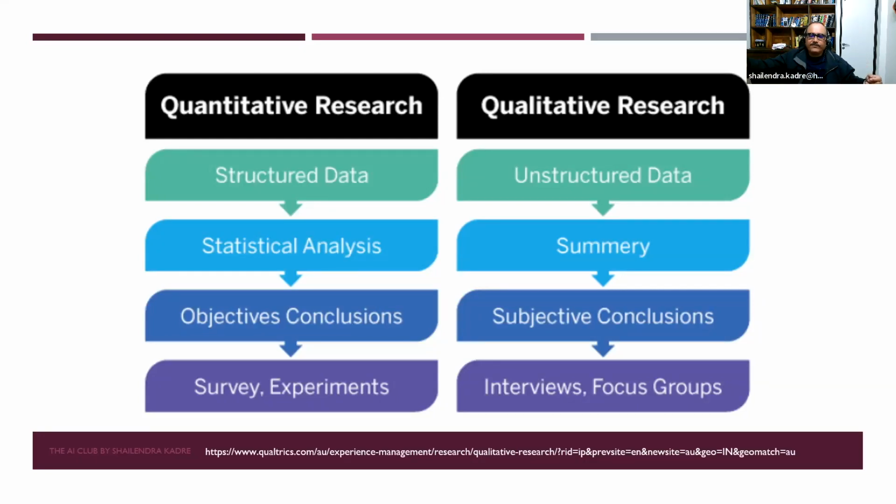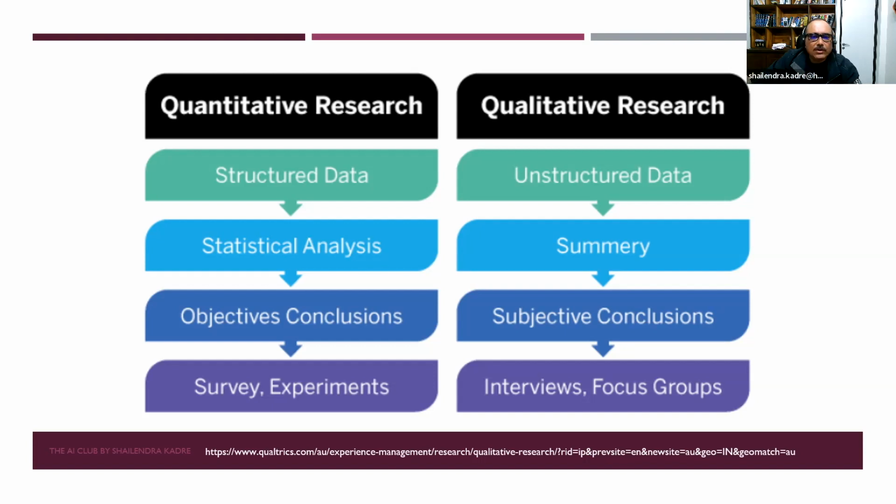I'll distribute a small questionnaire to maybe 100 people, and I'll ask them to rate my product on a scale of 5. Whatever average rating there is, based on that, I'll conclude whether my product is being perceived as good quality or people are not liking my product. So that is the way of quantitative research.